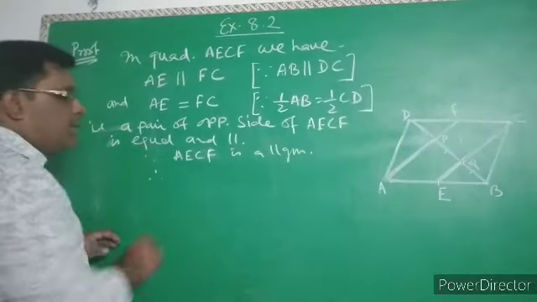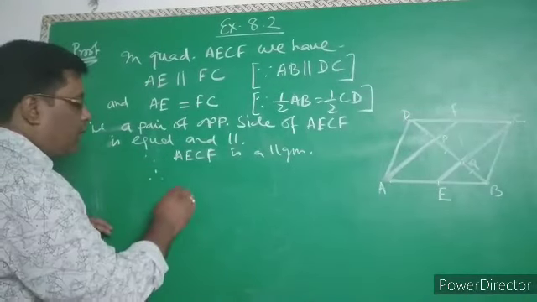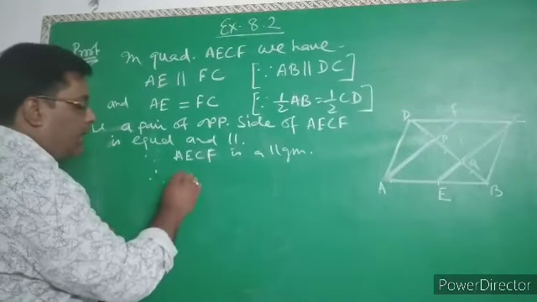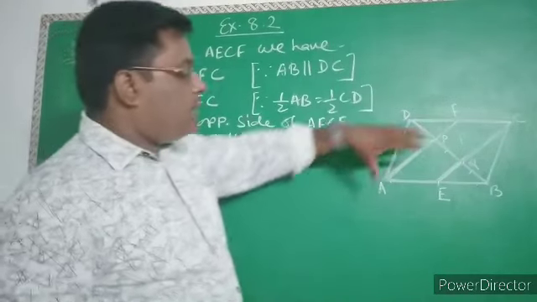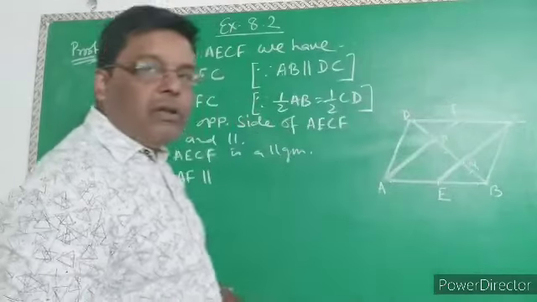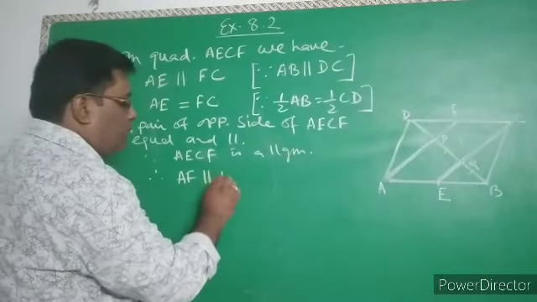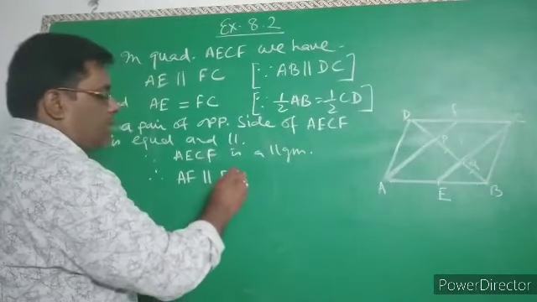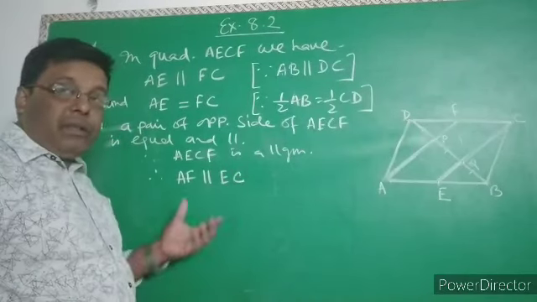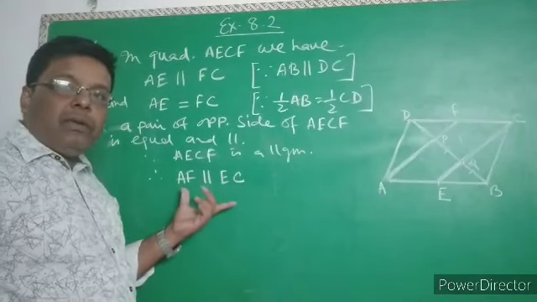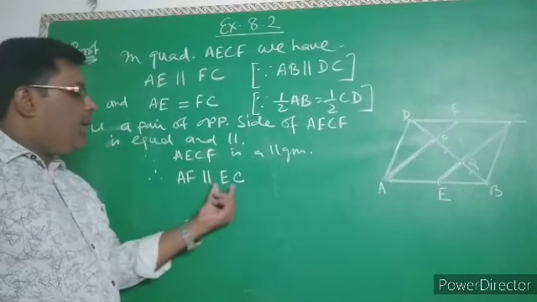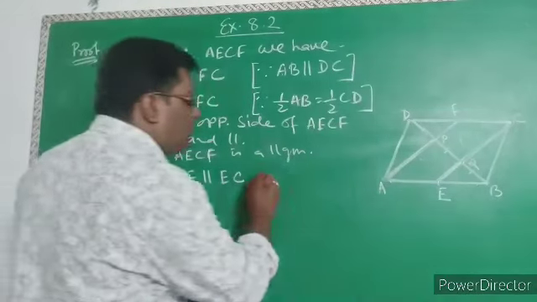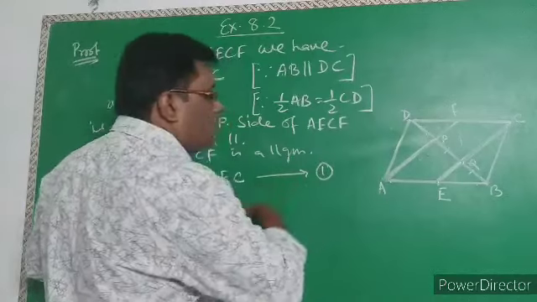Since it is a parallelogram, AF is parallel to EC. If it is a parallelogram, its pairs of opposite sides are parallel. So you get that AF and EC are also parallel. Give it number 1. We have to use this property.